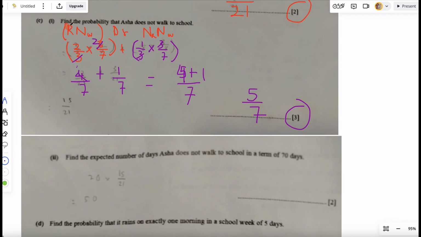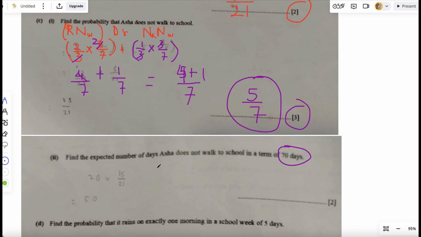Look at it in the previous question C. Find the probability that Aisha does not walk to school. So we already have that knowledge. So in a term of 70, if we want to find the number of days Aisha does not walk to school, we will use this probability of not walk to school times the number of days, so that we know the expected days that Aisha does not walk to school.